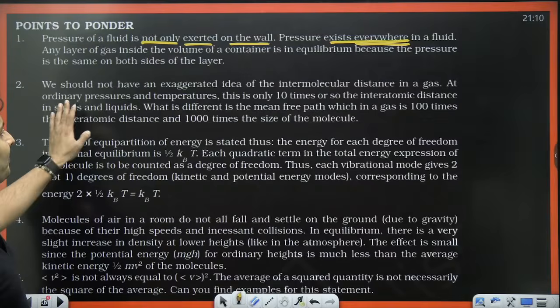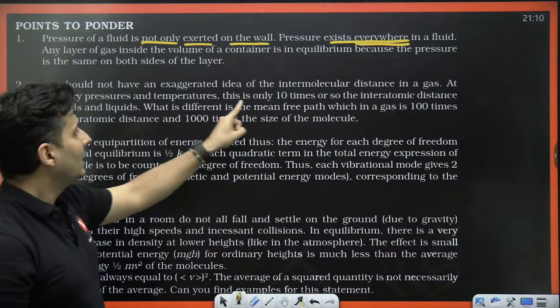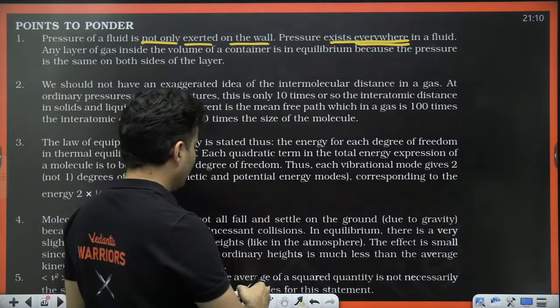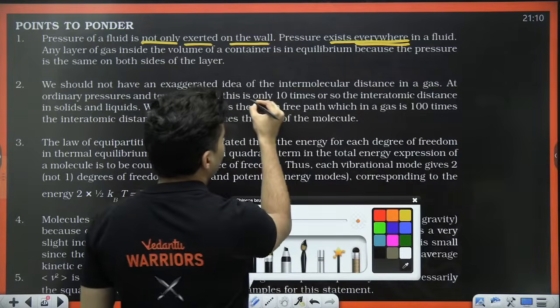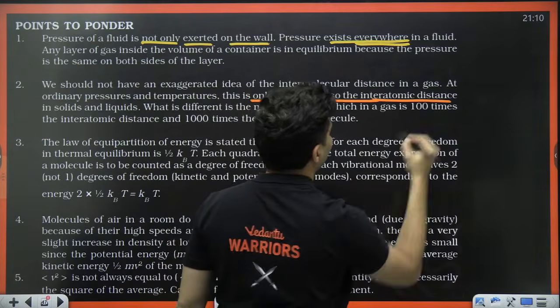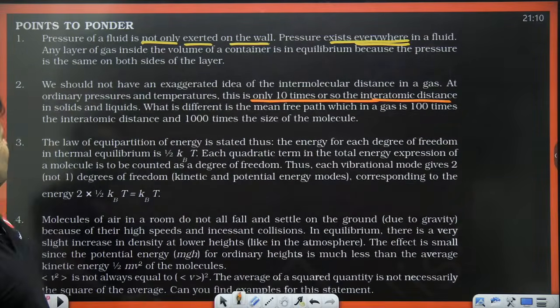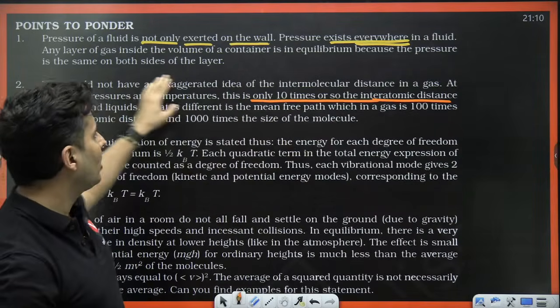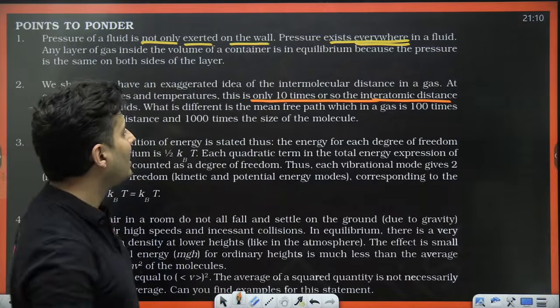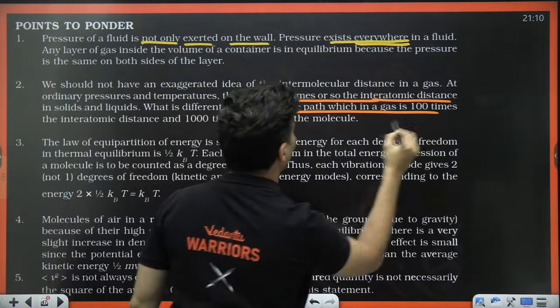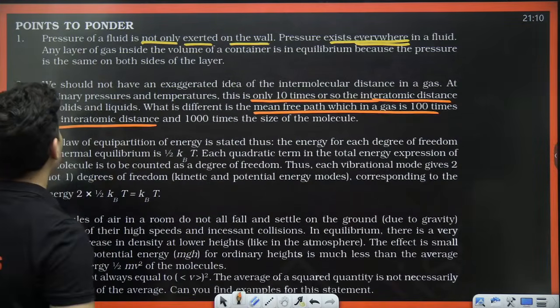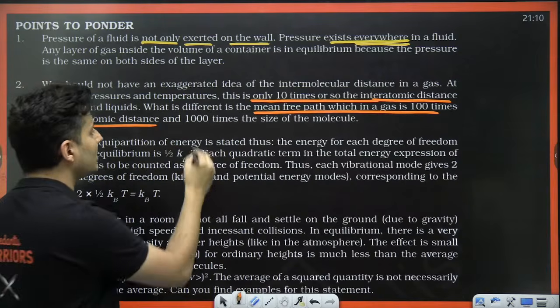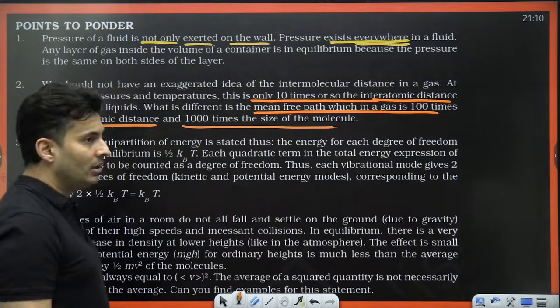That's what is mentioned. So the intermolecular distance at ordinary pressure is just 10 times the interatomic distance. But the mean free path is 100 times the interatomic distance and 1000 times the size of the molecules.